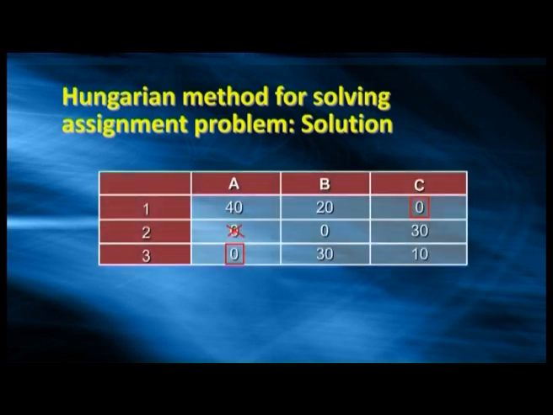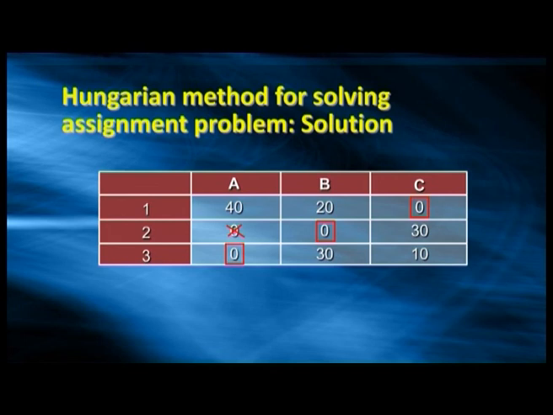Step 3. Examine all rows starting from the first, one by one, until a row containing only a single 0 element is located. Here rows 1 and 3 have only one 0, in the cells 1C and 3A respectively. We assign these zeros. All zeros in the assigned columns are crossed off as shown in the table. We now examine each column starting from A in the table.